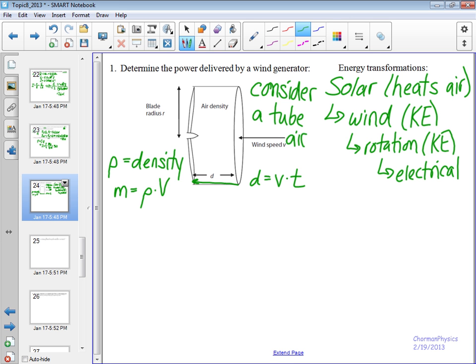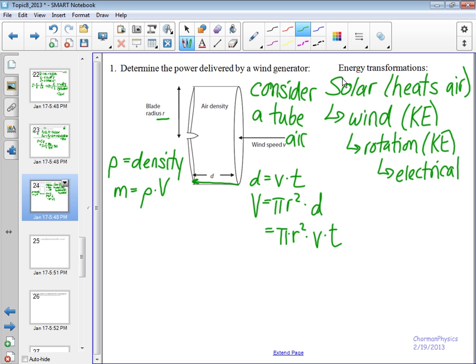And so the volume that we have of air here, by the way, we have some radius r. All right. So what we can find is the area, multiplied by the height. It's a column or a tube, right? A cylinder volume. So we see that the volume is going to be equal to pi r squared times d, okay? And what we can actually end up doing here is do a little substitution for this. So we get pi r squared, right, times v times t, okay?